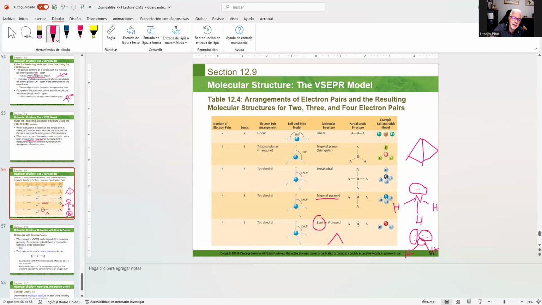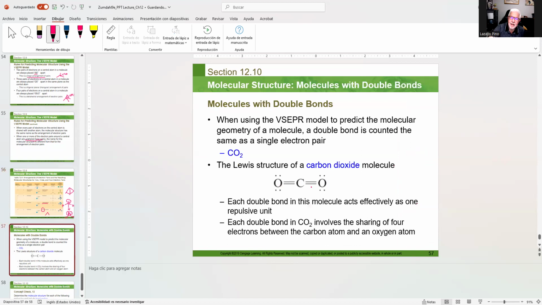The water molecule is bent. In the case of carbon dioxide, as we have seen, there are no lone pairs on the central atom, so it is linear.